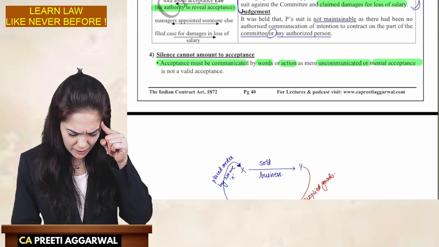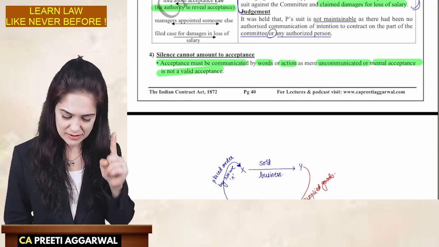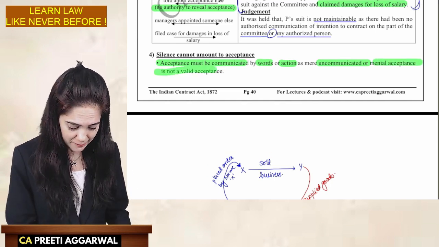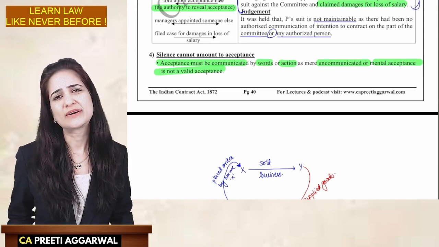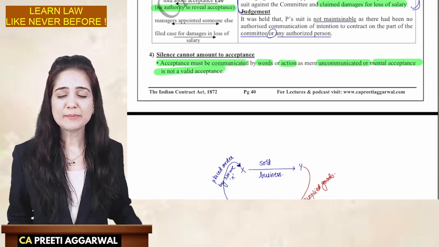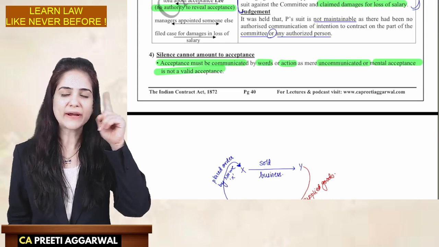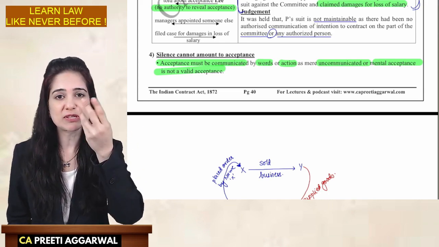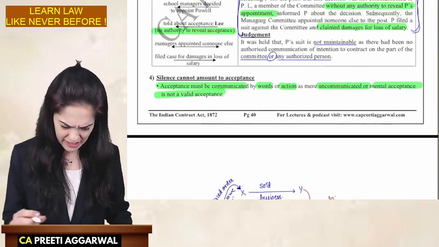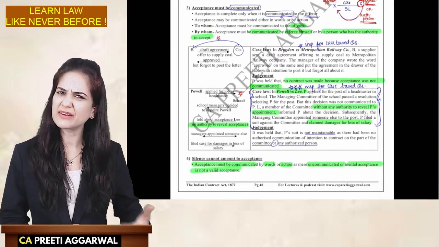Uncommunicated or mere mental acceptance is not acceptance. I thought of accepting, oh, but I forgot. I forgot to tell you that mere mental determination, mental acceptance is not acceptance. Acceptance must be communicated.